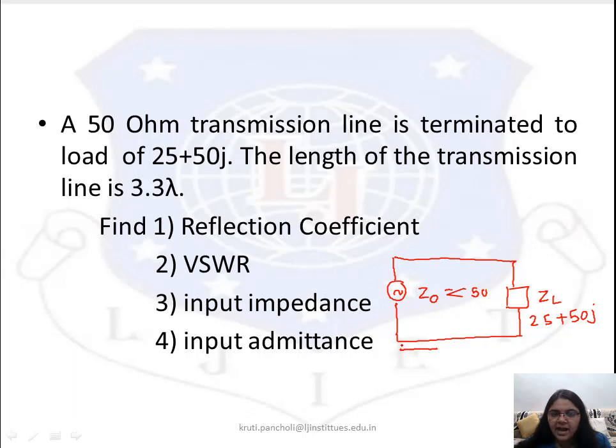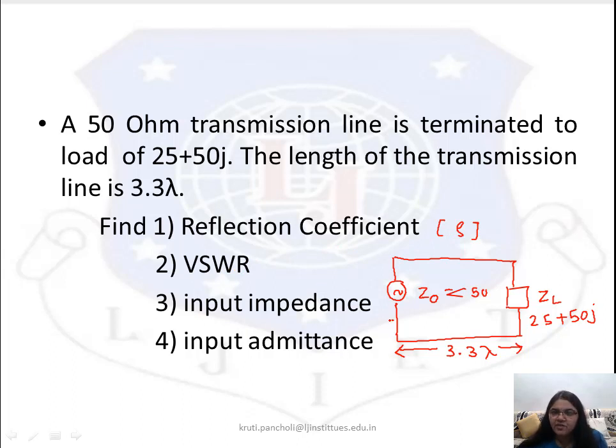And this is the length of the transmission line from source to load. It is how much? 3.3 lambda. So for this we need to find out the reflection coefficient, rho, the VSWR, and the input impedance.